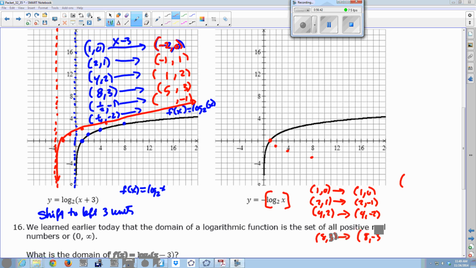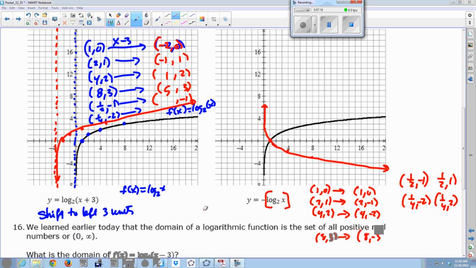We had (1/2, -1) becomes (1/2, 1). And (1/4, -2) becomes (1/4, 2). So I start climbing the ladder now. So this thing hugs the y-axis this way and comes down like this. So that's the reflection over the x-axis. Now some of you I know have the ability to flip this and see it. I mean, some people have that visual acuity. I have to do it this way with the points.